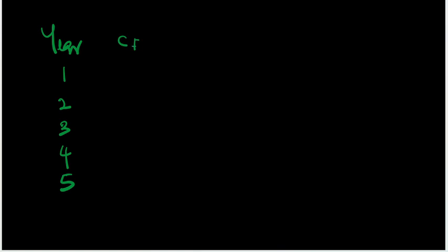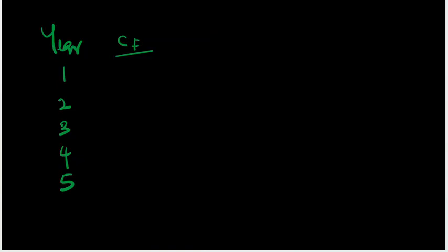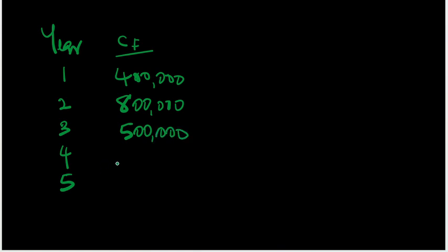Then of course we have the cash flows for each of those years: 400, 800, 500, 400, 300. So that is 400,000, 800,000, 500,000, 400,000, and 300,000. These are the cash flows being received each of those years.